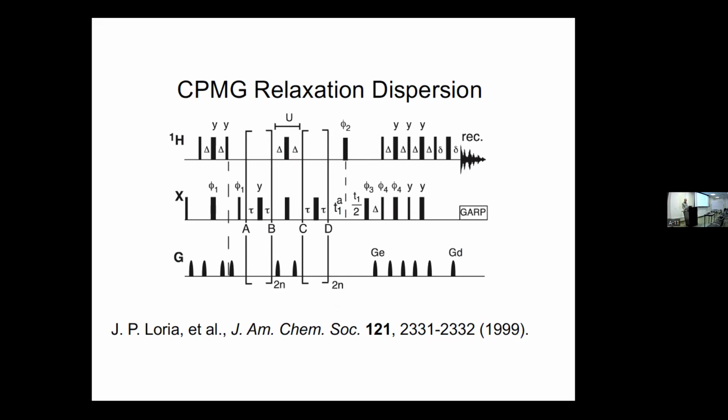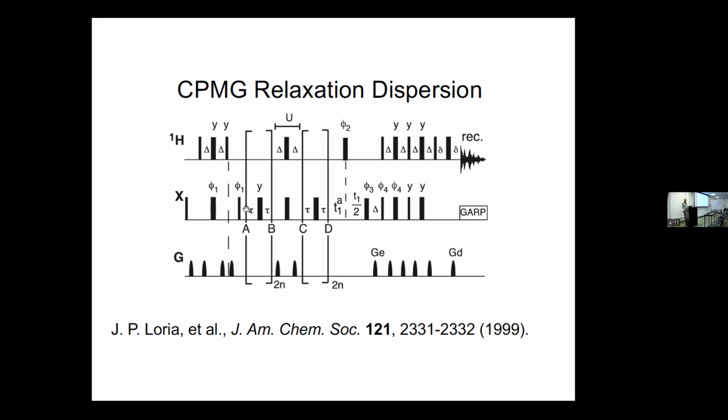The relaxation dispersion field was kind of reignited by this sequence that Pat Loria thought up, because what you would like to do is alter tau and see then how the CPMG rates vary as a function of tau.